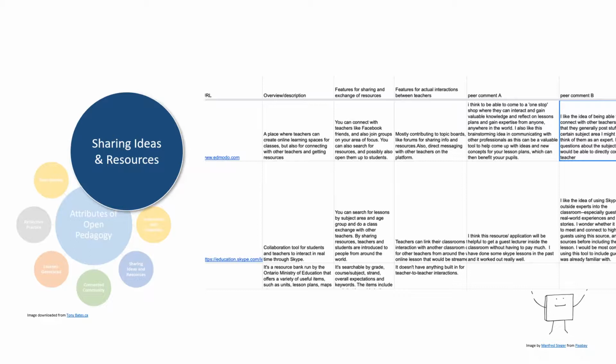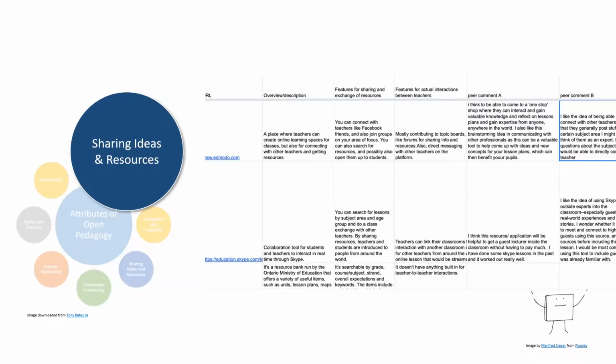They had to find educational technology or educational technology communities that they thought would be useful in their practice. And mind you, these were teacher education students. They had to annotate why they think it's important to their work.